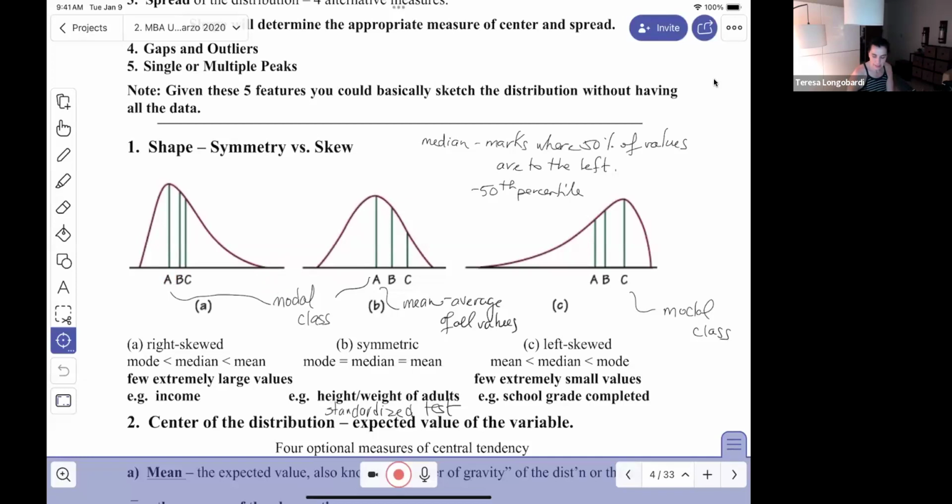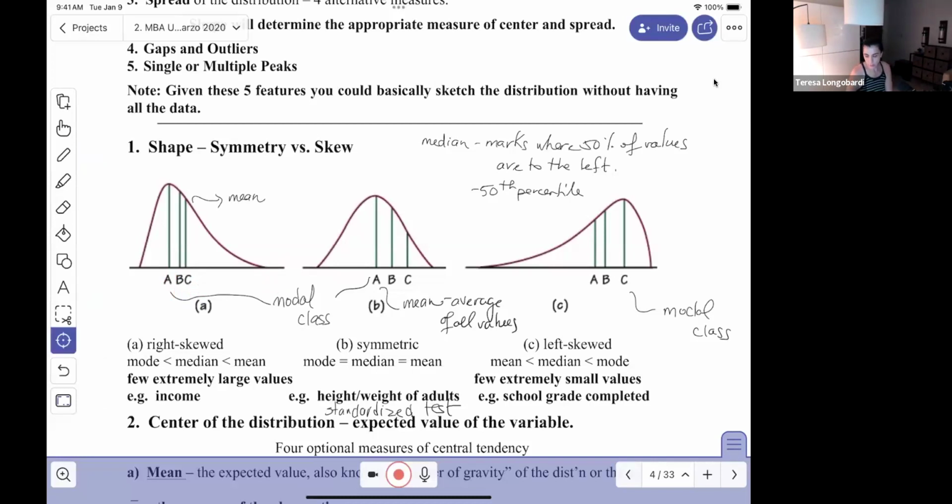So when looking at this, which one of these is the mean and which is the median? So which is the mean, B or C? So the C is the mean.